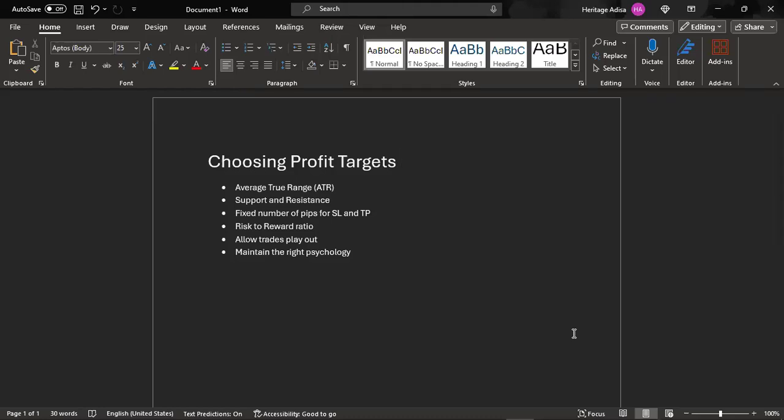Or, I always set a 50 pips profit target. Some people have a fixed target for their profits in the market. Now, that may not necessarily be bad, but that may not also be the most efficient way to approach trading when it comes to profit targets.